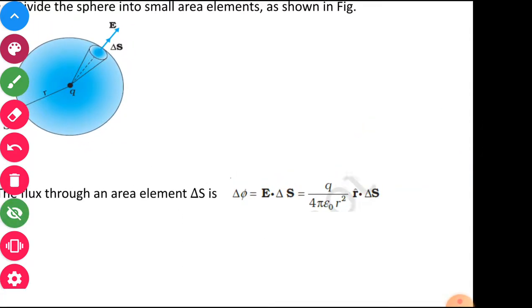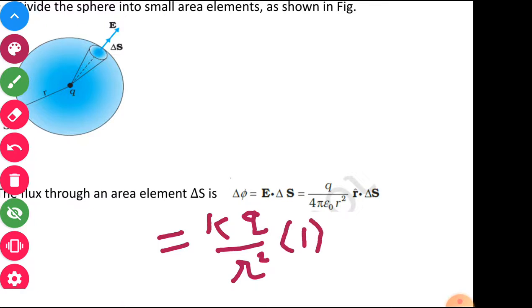How can you write this dot product? So it becomes kq upon r square. Magnitude of r cap is 1 unit. Dot product means cos theta, so cos 0, because the angle between r cap and delta S is 0. Cos 0 is 1.